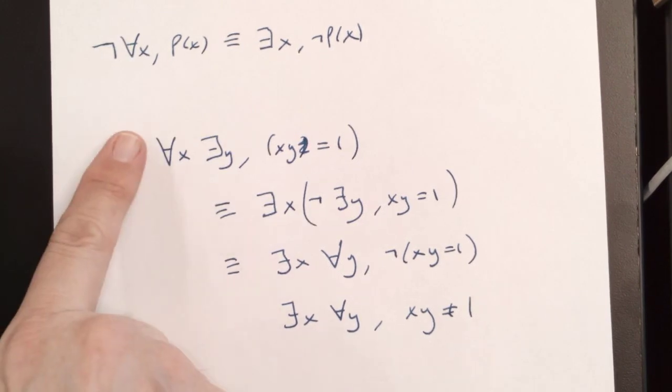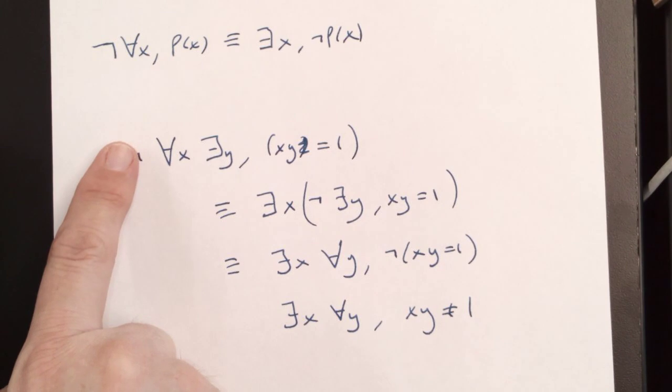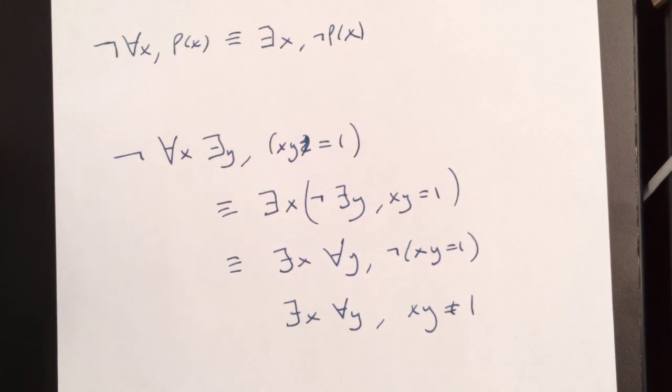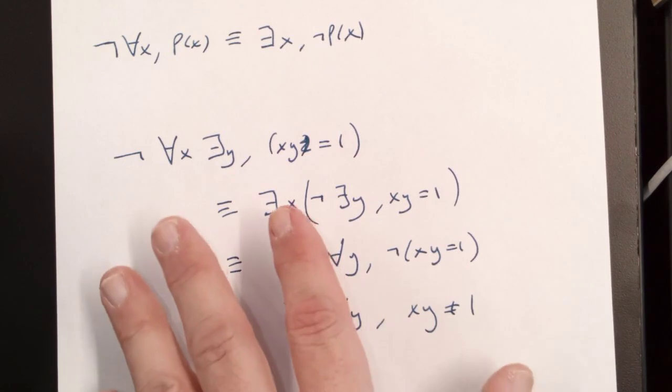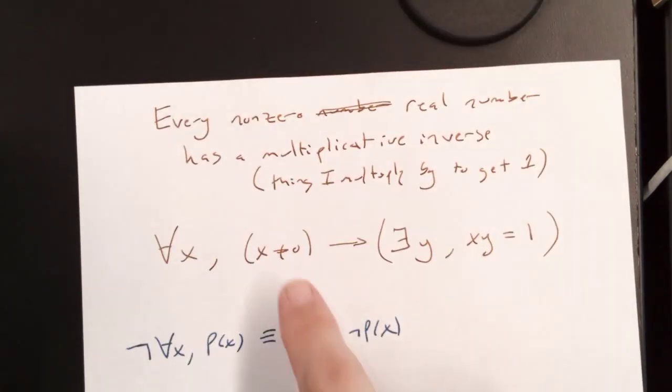Up here, the original sentence said, for every X, there's some Y. When you multiply it by X, you get 1. And I wanted the opposite of that. Is this sentence true or false? What's the number? 0. The X I pick happens to be 0, and then nothing I multiply by is ever going to be 1. And that's the difference between this sentence here and this sentence here.